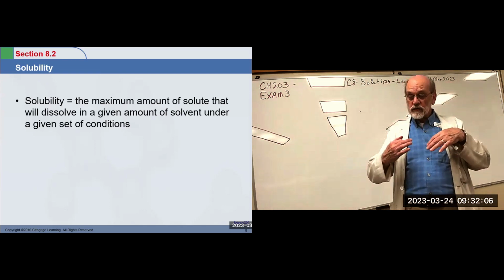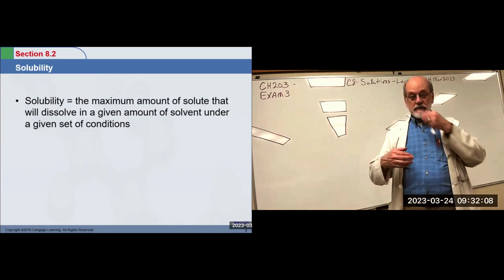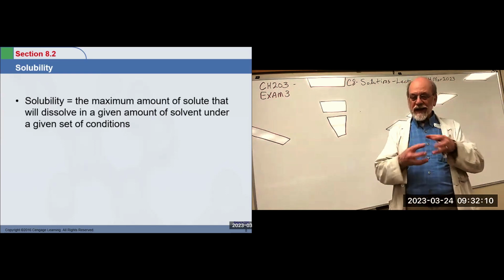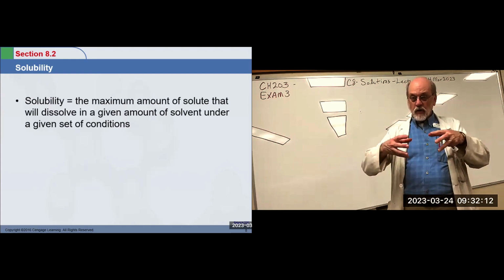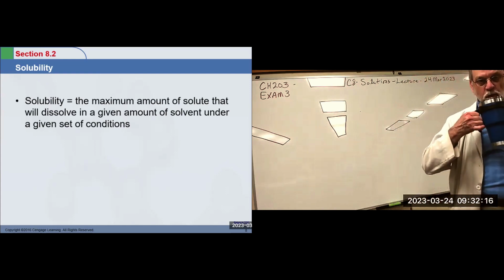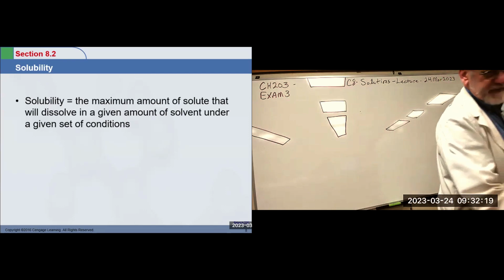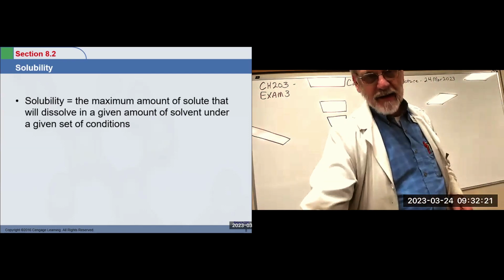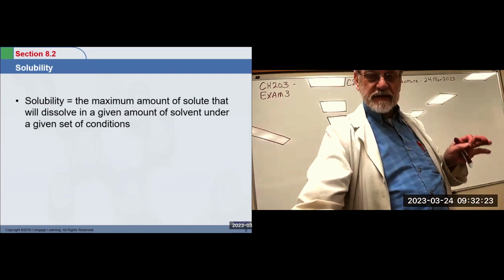Then as it cools, the excess sugar will collect around that crystal and it'll grow. That's how they make rock candy. They grow the crystals.